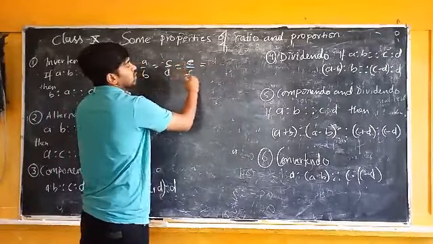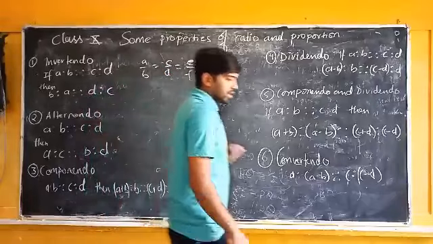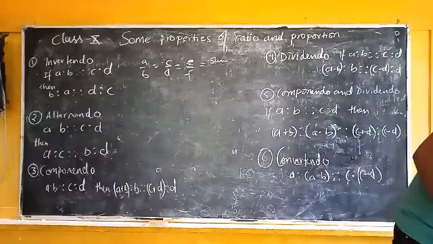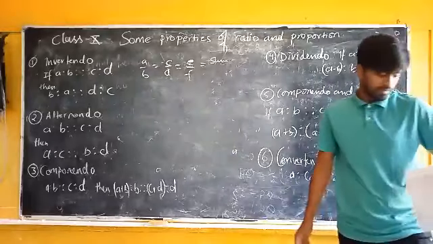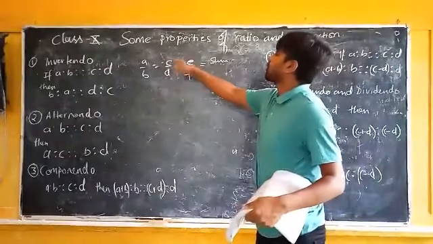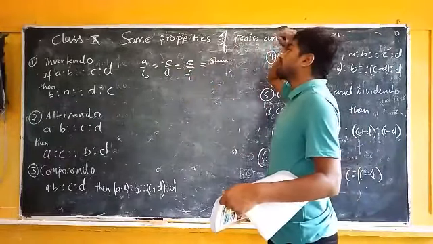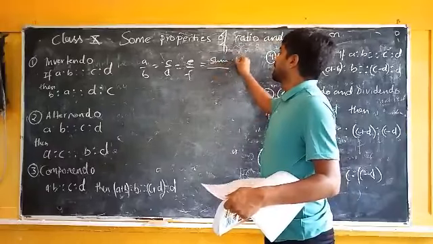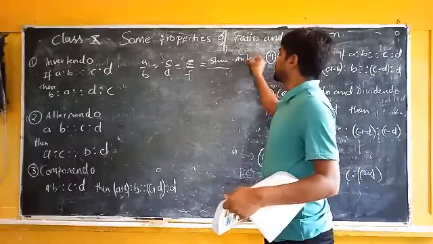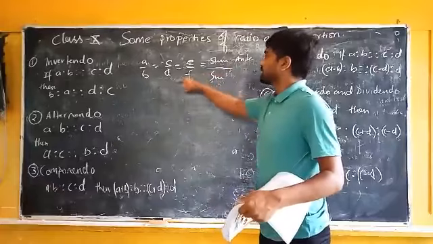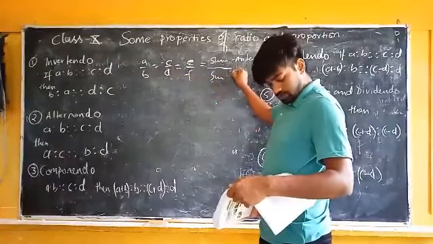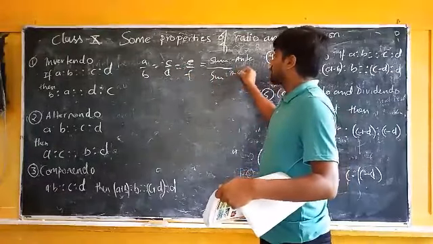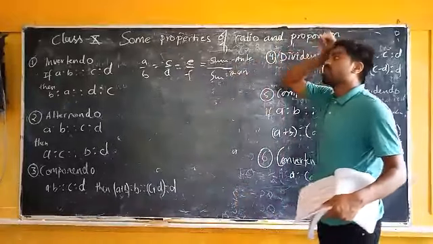Sum of antecedent and sum of consequence. So these are called, the top parts are called antecedents and the down parts are called consequence. So you just have to add all of them.